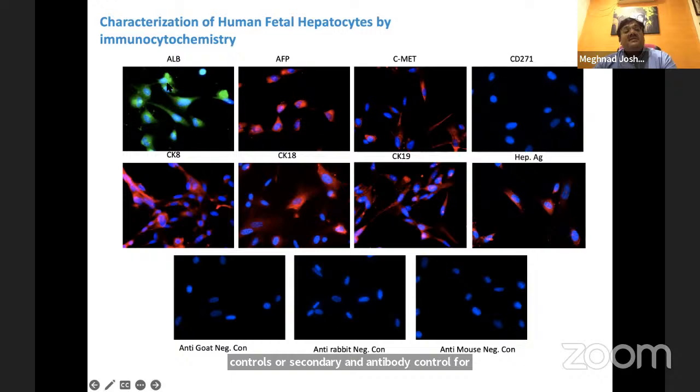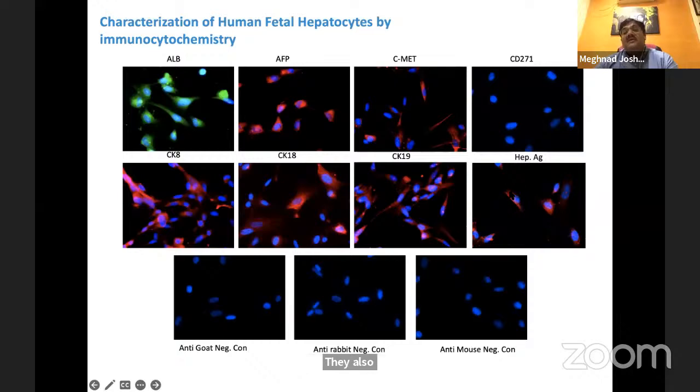So, for instance, these hepatocytes are characterized for synthesis of albumin. The green fluorescence shows that the hepatocytes have albumin. Alpha fetoprotein, because they are of fetal origin, these cells express it, which is red in fluorescence. Again, they express c-Met receptor, CK8, 18, 19, and this hepatocyte antigen.